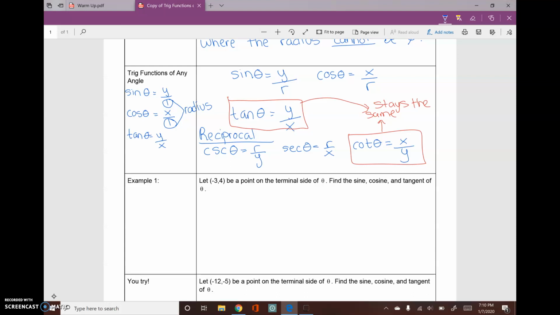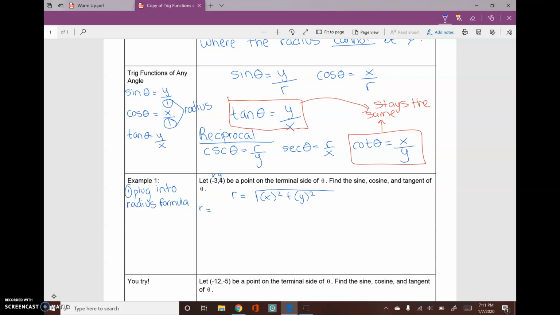Now they're going to be coordinate points, which I have to plug into the radius formula because I don't know the radius. So I have x, I have y. My formula was square root of x squared plus y squared.